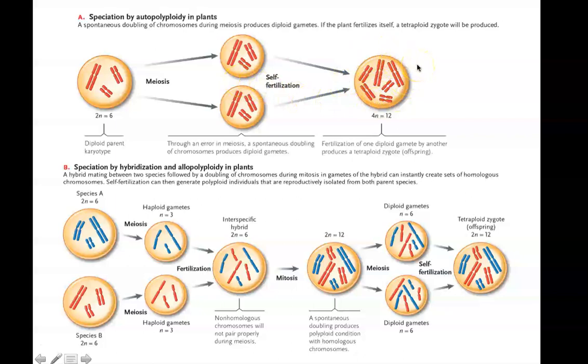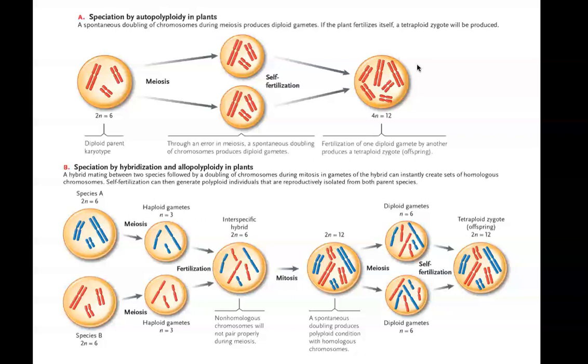So in one generation, we've gone from a diploid number of 6 to 12. If this 12 chromosome zygote can develop and become a new plant, this is an example of how autopolyploidy can create a new species just in one individual or in one generation, right?